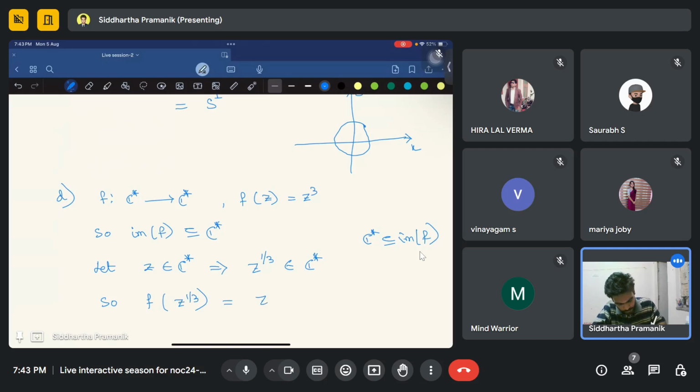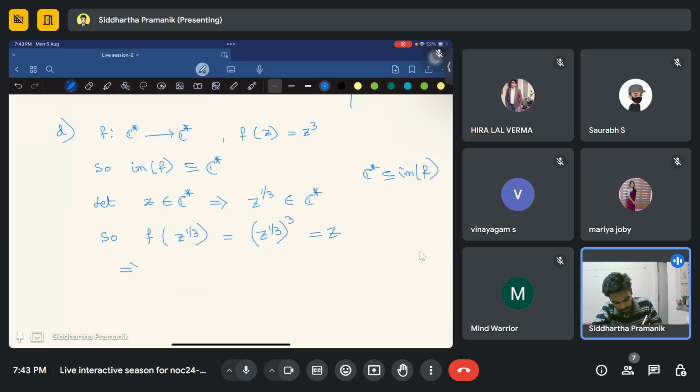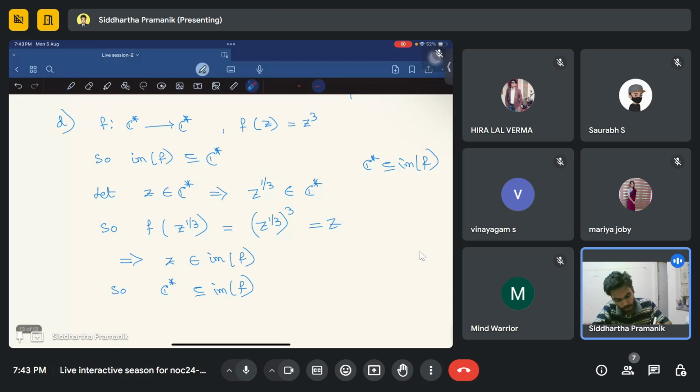This is Z power 1 by 3 whole power 3. This is Z. So this means Z belongs to the image of F. So C star is also a subset of image of F.